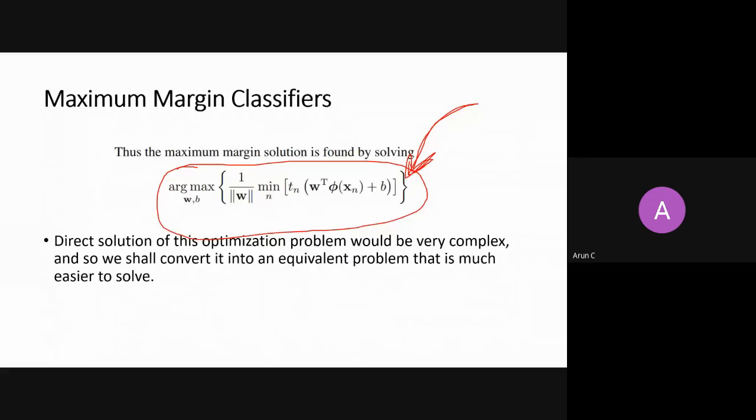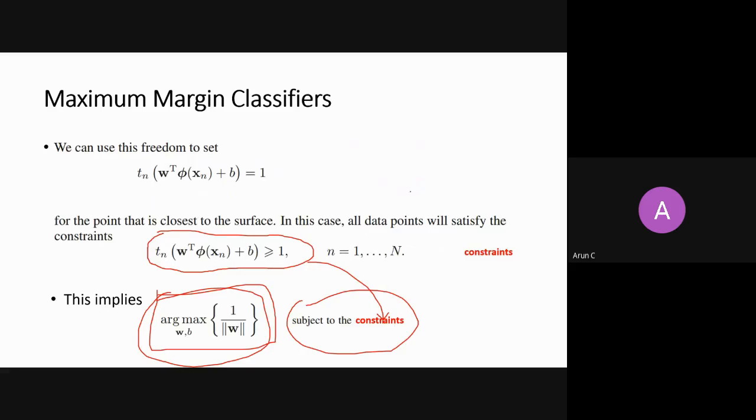But because it is not a convex problem and it is hard to optimize, they are trying to change this objective function into some easy objective function. That's why they are taking all this pain. But still, this is my new objective function. I am maximizing this, but it is non-convex, right?